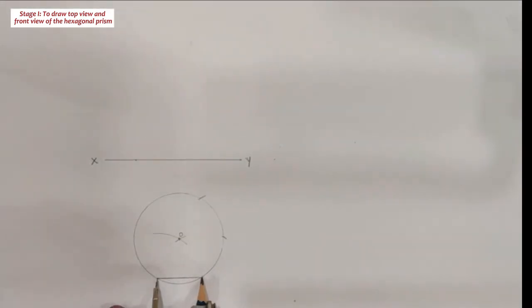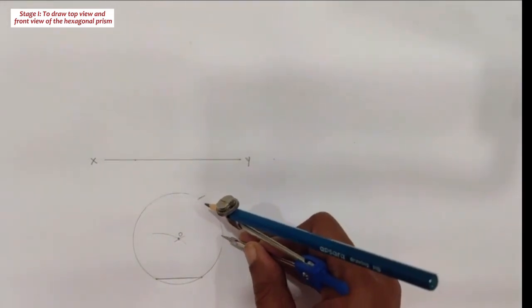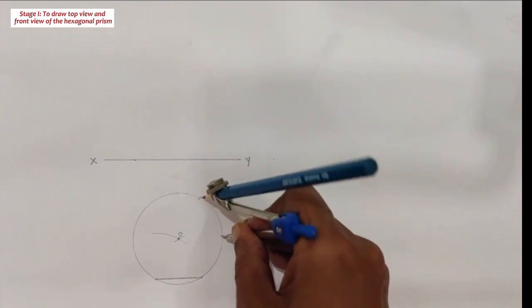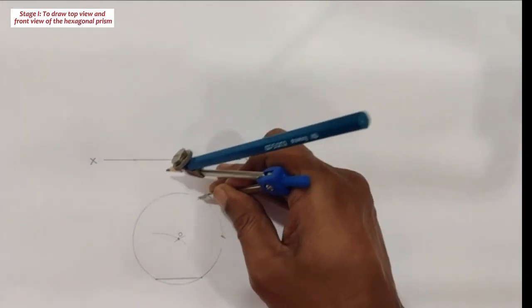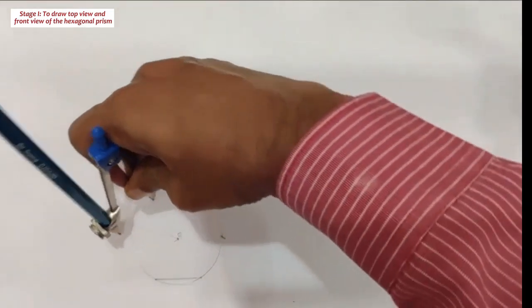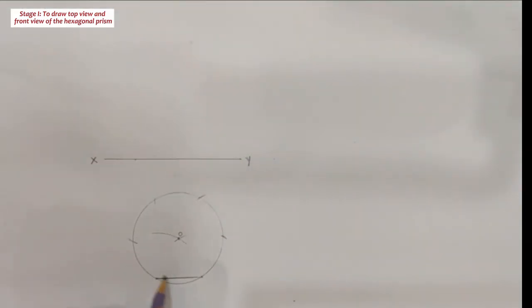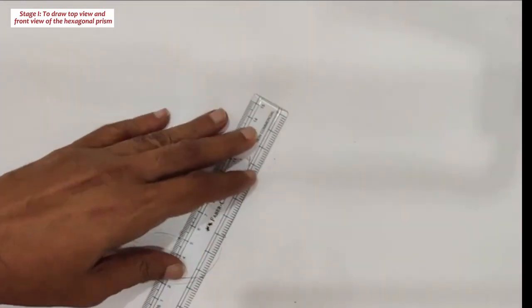Taking 30 mm, the side length of the hexagon, as a radius and one end of the side as a center, draw an arc. Then with this intersection point as a center with the same radius, draw an arc. Repeat the procedure. Join these points in a sequential order with line segments.